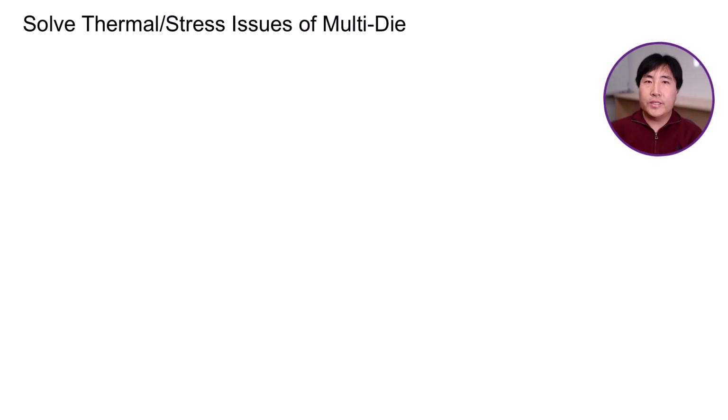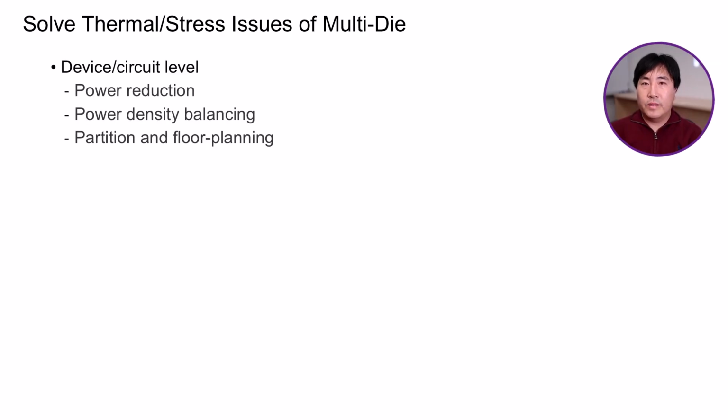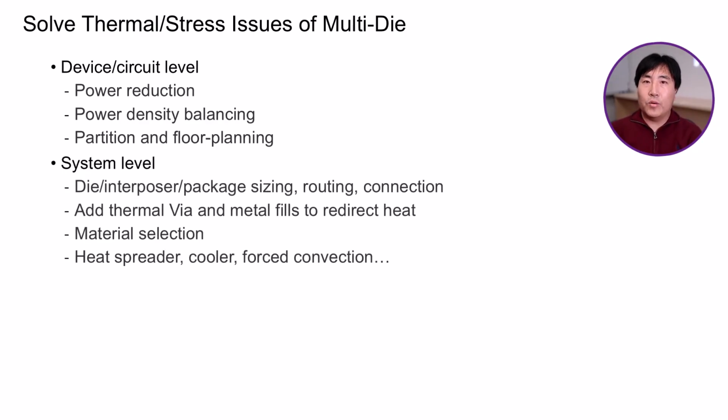So if simulations reveal that any thermal structural integrity problems are there in your multi-die design, what responses can designers make? At the device and circuit level, they can reduce power, balance the power density, or even revise floor planning. At system level, they can optimize die and interposer size, routing, and bump layout. They may insert dummy thermal vias or metal fillers to redirect the heat.